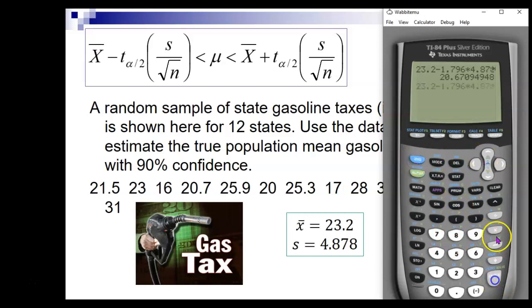And then that's the lower limit. Then the upper limit is the same formula, but with a plus: 25.729, about 25.7. So the confidence interval is from 20.7 to 25.7.